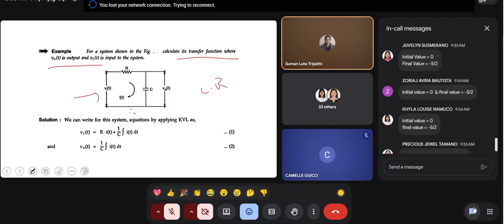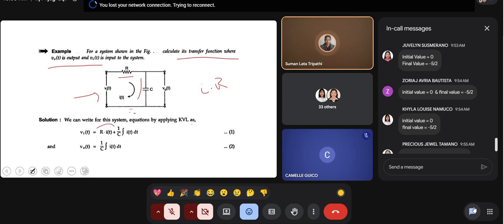Here I is flowing in R as well as in C. When you apply KVL in this loop, the total voltage applied is nothing but the drop in resistance plus the drop in capacitance.